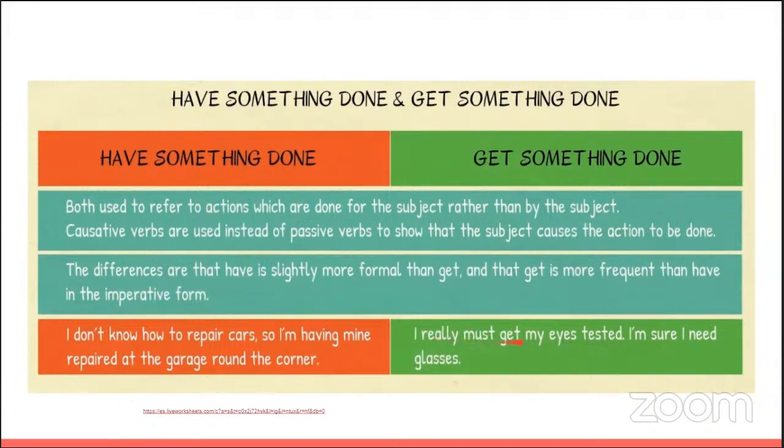The first part is in the present. Yes, and the verb have and get is in the present, but the other verb, like "my eyes tested," is in the past. Like here: repaired, tested, past. Okay, then when we use have and get, what is going to be the form of the verb?